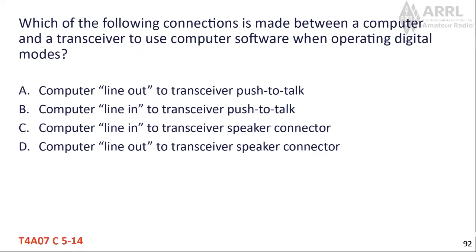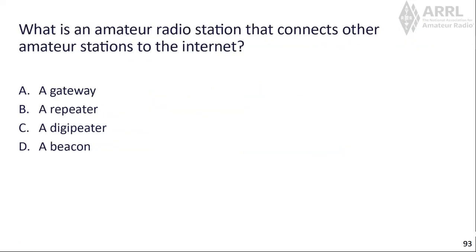Computer line in to transceiver speaker connector. Line in, I hope that's in your manual because it's not in these slides. That's the connection on the back of your computer, usually a little blue one, I think. Maybe, and it may be pink in some computers.